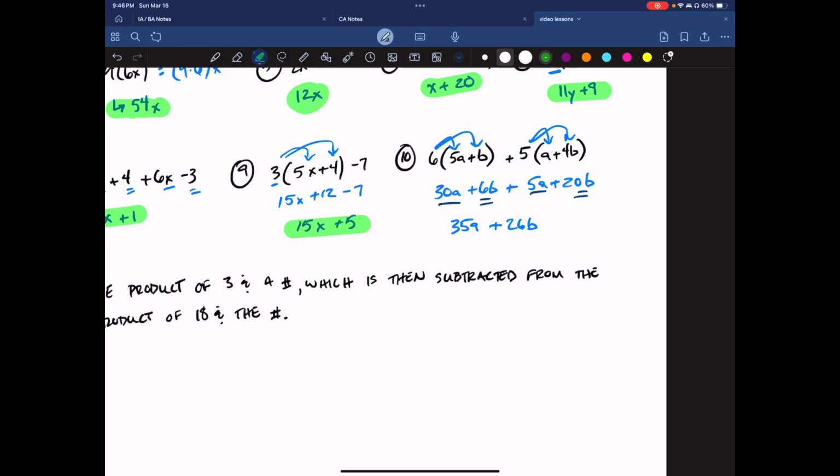Just checking my math real quick. 30A, 6B, 18B. Okay.